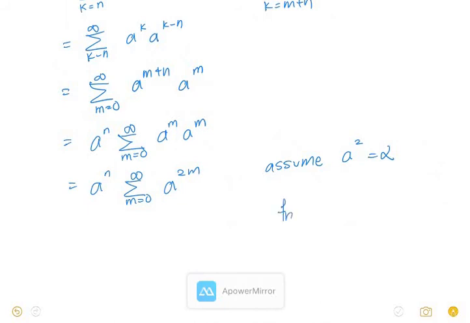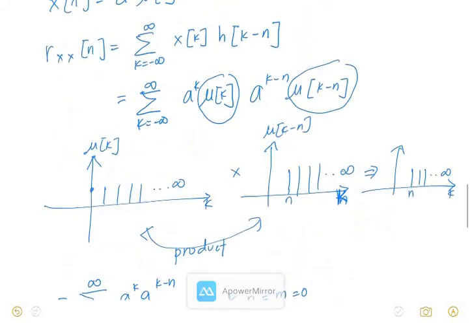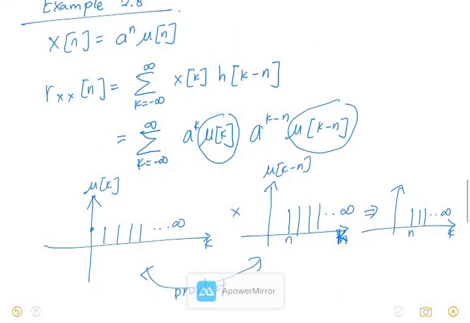So from the table, we get a^n over 1 minus a squared. I will write it here: a^n over 1 minus a squared. That's all. Do you understand? This is the autocorrelation example.